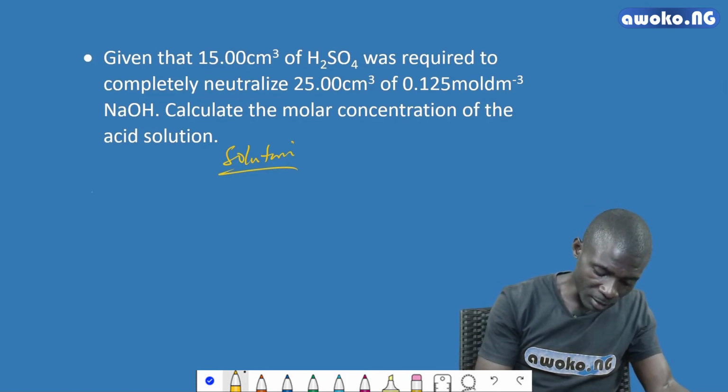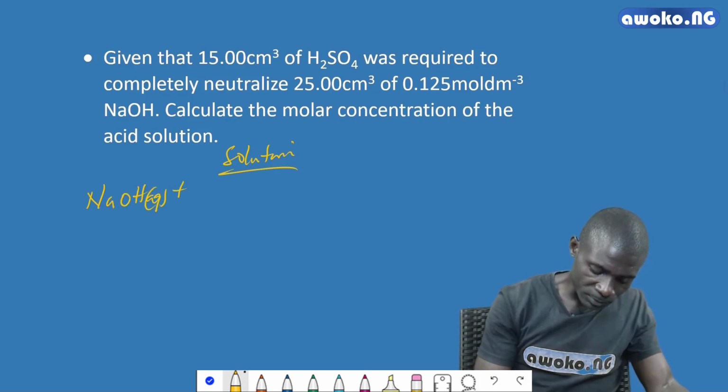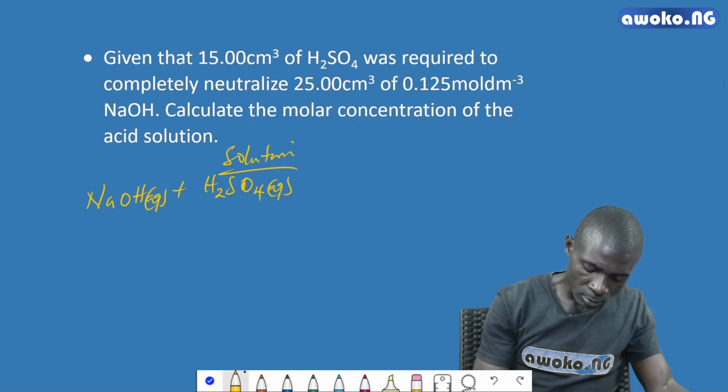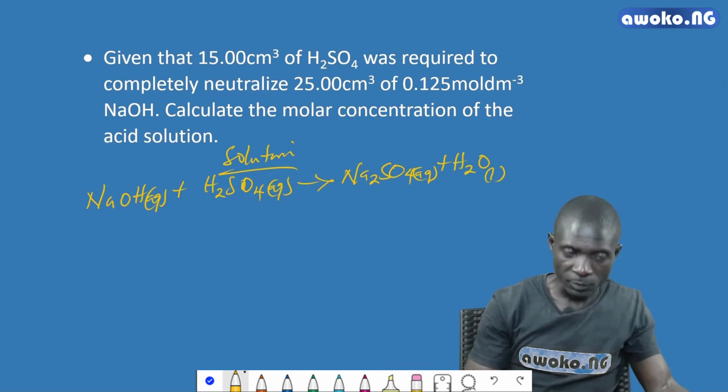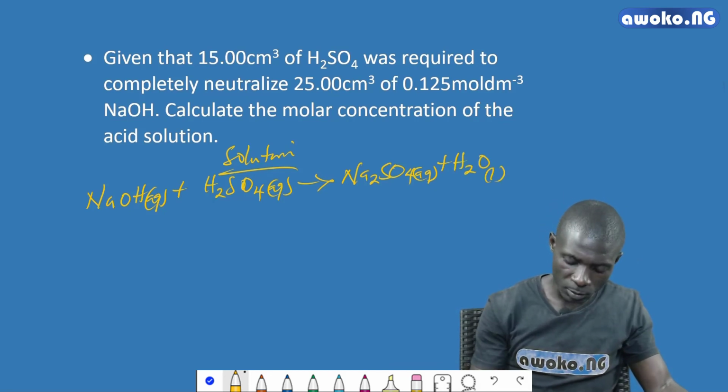So we have sodium hydroxide aqueous plus H2SO4 aqueous, which will produce Na2SO4 aqueous plus water liquid. So this is the balanced chemical equation.